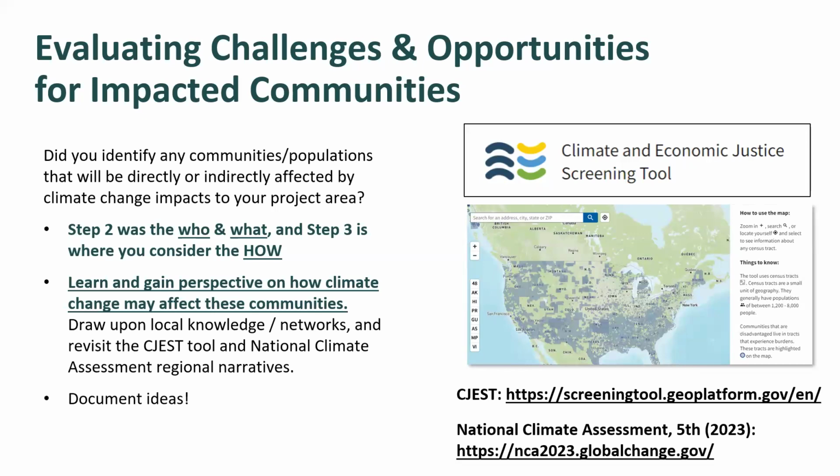The tool uses all of this information to identify communities that are experiencing these burdens. And we can use this information as a first step in identifying communities before engaging with the local issues, the communities, and the collaborators.